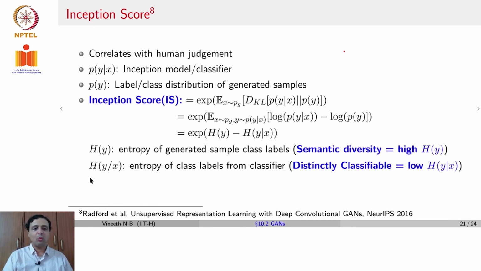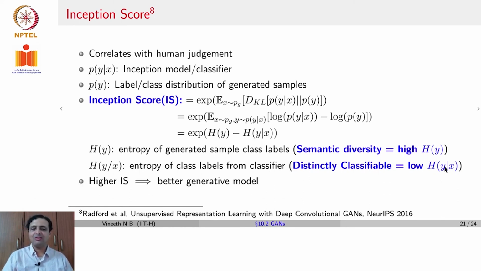And H of y given X is the entropy of class labels from the classifier for different data points. If it's distinctly classifiable, H of y given X will be very, very low, which means one class label will dominate the output of the softmax activation function rather than all labels.